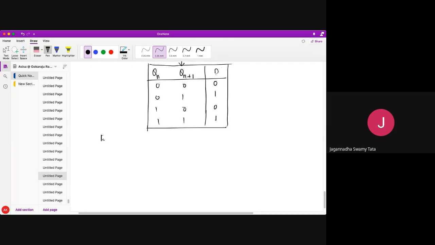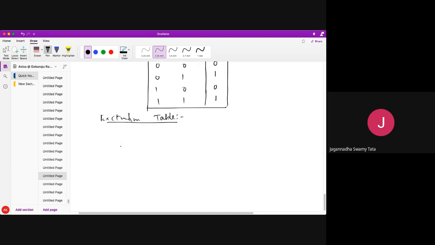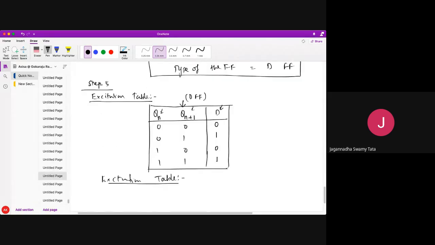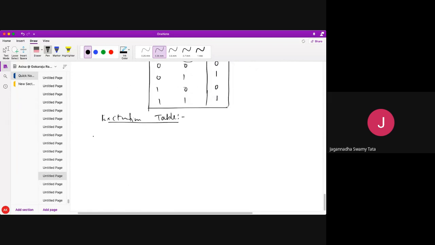The columns of the excitation table of the circuit will be present state, input, next state, and flip-flop inputs.